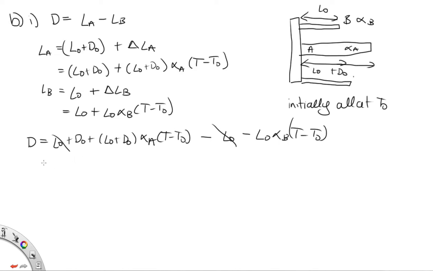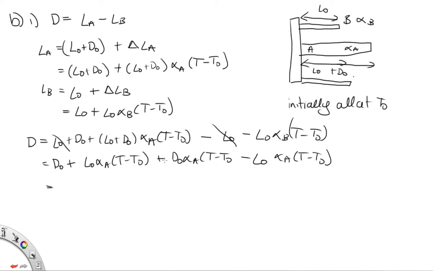And so we've got this is equal to D naught plus, let's expand these brackets. We've got L naught alpha A (T minus T naught) plus D naught alpha A (T minus T naught) minus L naught alpha B (T minus T naught). And so let's put these terms with the D naughts together.